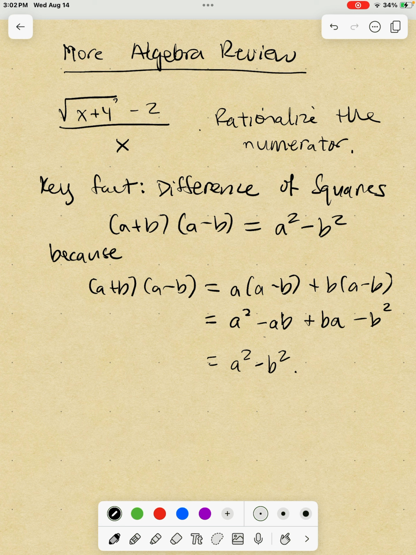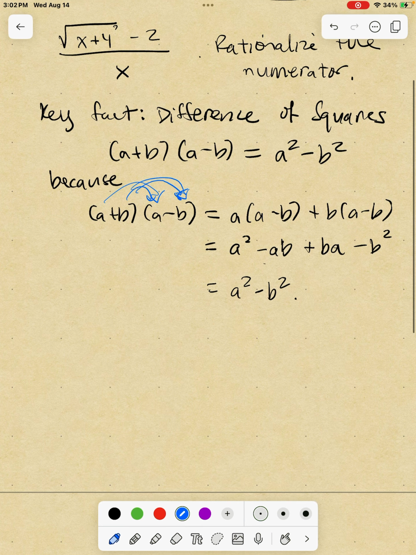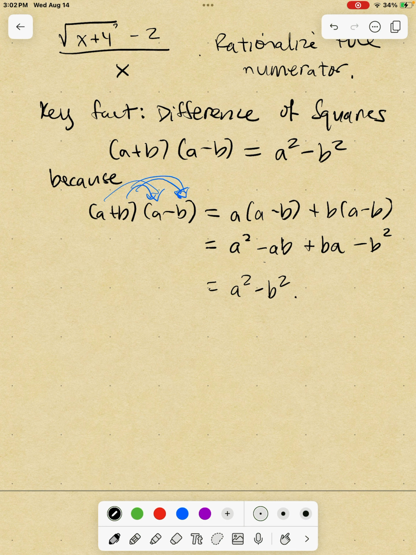That's one way to do it. I'm showing out the distributive property steps, but another way of doing it is to multiply things out like that, and then you get a squared minus b squared. Anyway, applying this to the square roots, let's say I have the square root of c plus the square root of d, and then I multiply by the square root of c minus the square root of d.